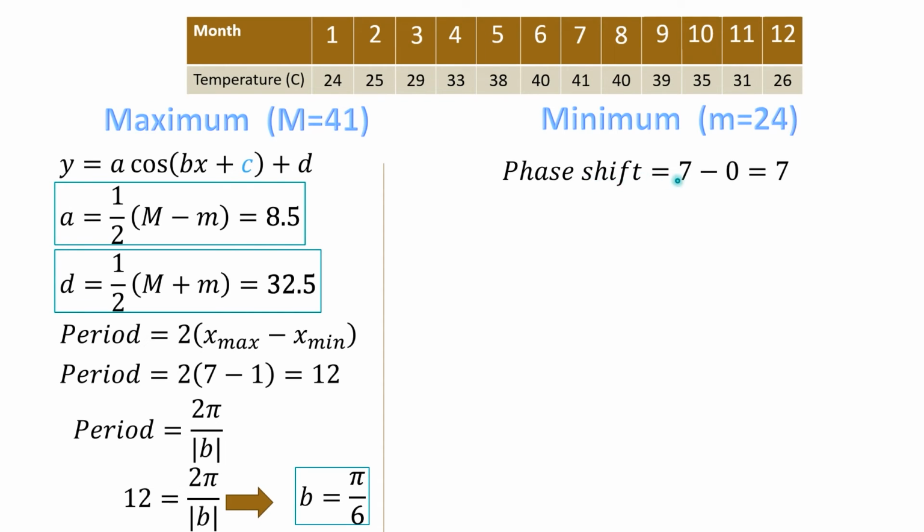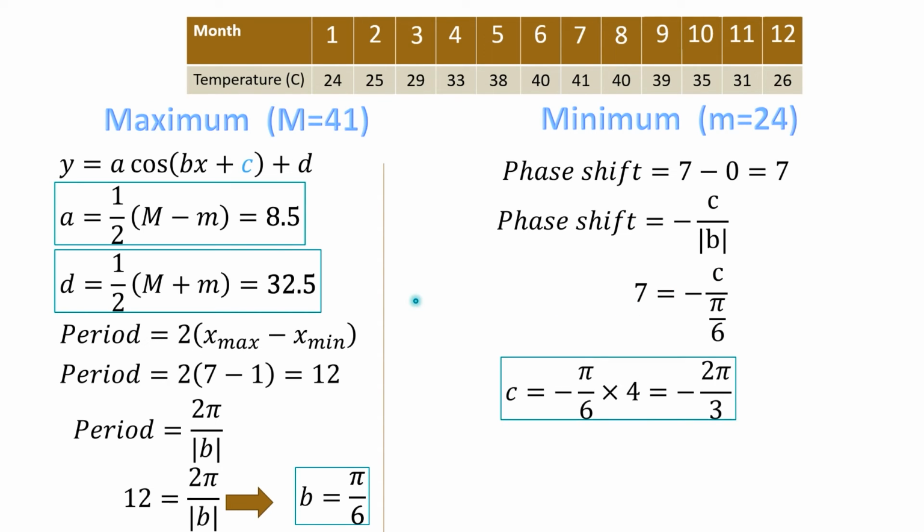So the phase shift will be 7, which means this equation is still valid, but now we have the phase shift not 4, but 7, and C will equal minus pi over 6 multiplied by 7, not 4. So the C value will change to minus 7 pi over 6.